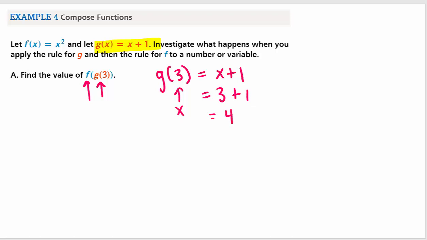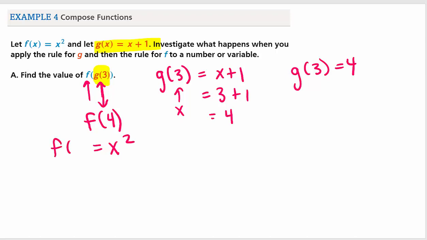So we get 4. Because we just found that g of 3 is equal to 4, we're going to replace g of 3 with the number 4. Now our question is, using the function of f, replace the x values with 4.